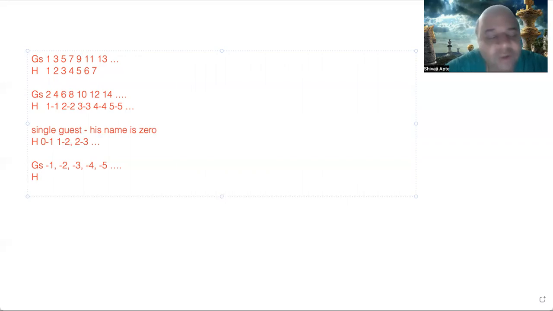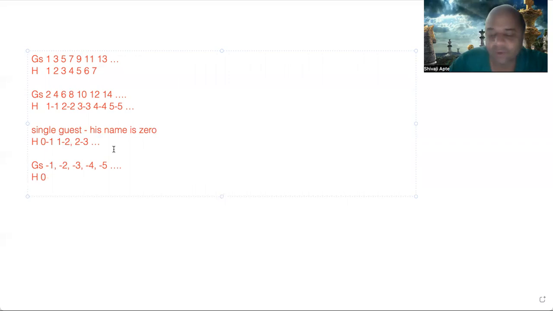So 0 will go into which room now? Existing guests. 0 will go into room number 0. But sir, is there a room number 0? So that is why he says, okay, because there is no room number 0, so you double it and add 1 to it. Okay, that is the formula he gives to each guest.